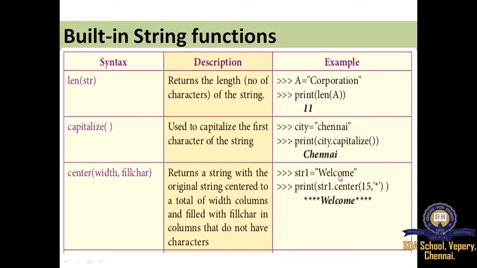Welcome is a string assigned to str1. Print, within brackets, str1 dot center. Two arguments: the first argument is width, the second argument is fill character. The width is the total number of spaces it will occupy on the screen, 15. In this width of 15, the original string will come to the center. The empty spaces in the width will be filled with a star.